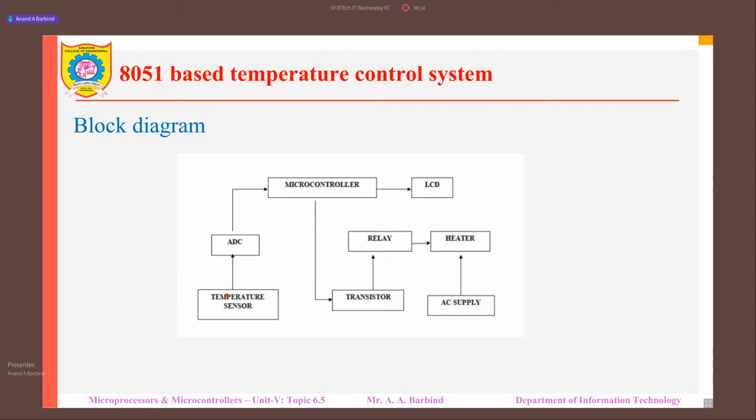That signal conditioning circuit is designed such that as the temperature changes between a certain range, for example from 0 degrees Celsius to 100 degrees Celsius, the signal conditioning circuit will be so calibrated that its output will change from 0 volt to 5 volt.